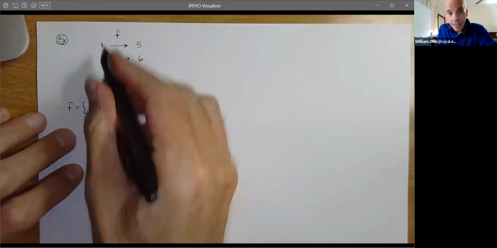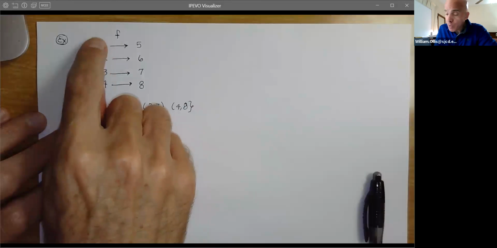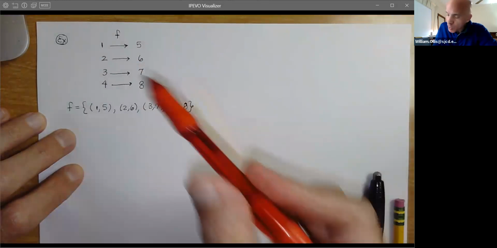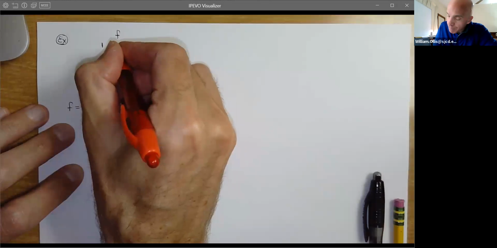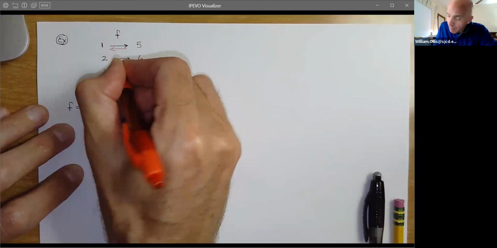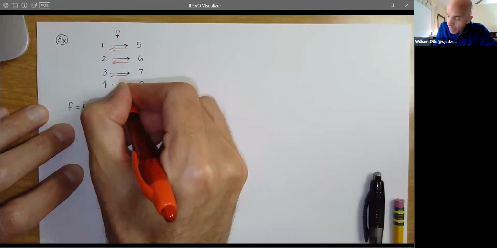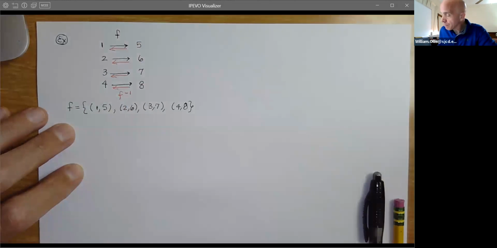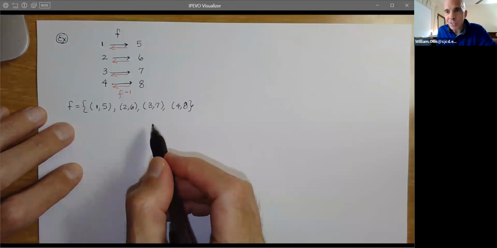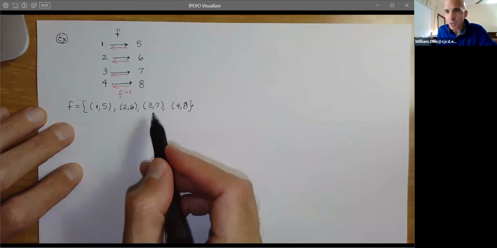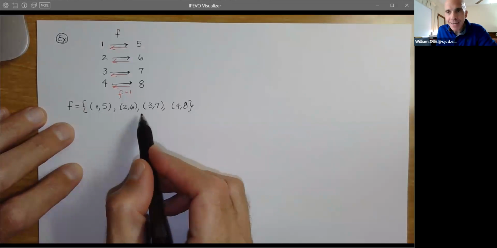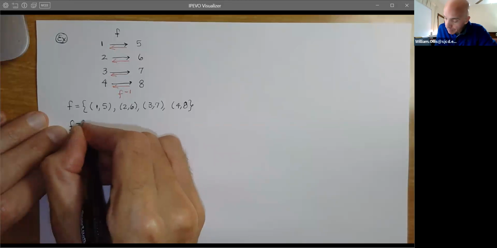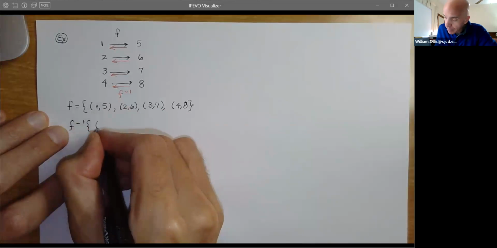So now, again, it's one-to-one. Clearly, different inputs have different outputs. So now we can say F is one-to-one. So now we can define explicitly the reverse path. Right there, F inverse. So by observation, which we don't have to do fancy equations, we see that F is indeed one-to-one. So now F inverse, we just flip these around: (5, 1).